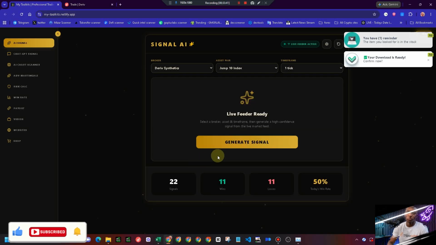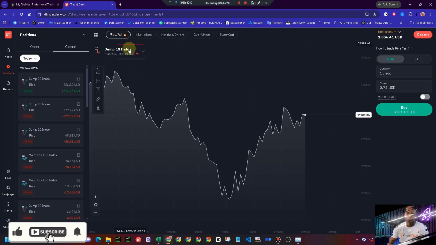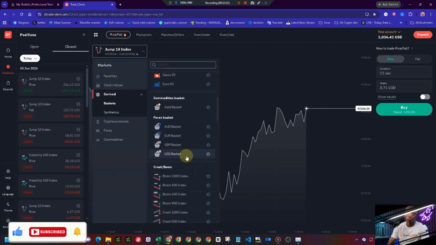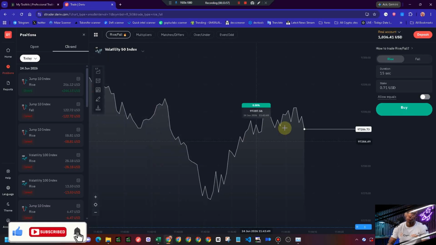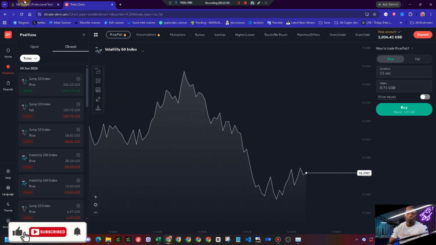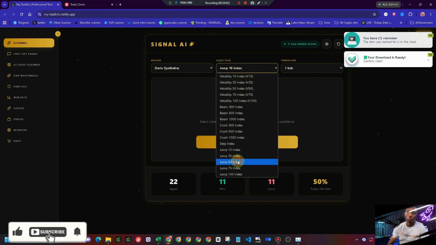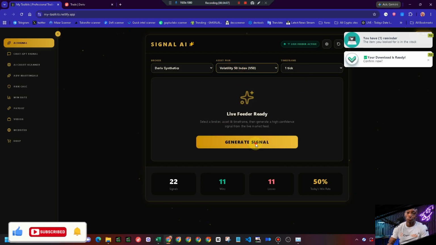So trade 1. So let's check for another trade. Let's try volatility 50. Config, generate.